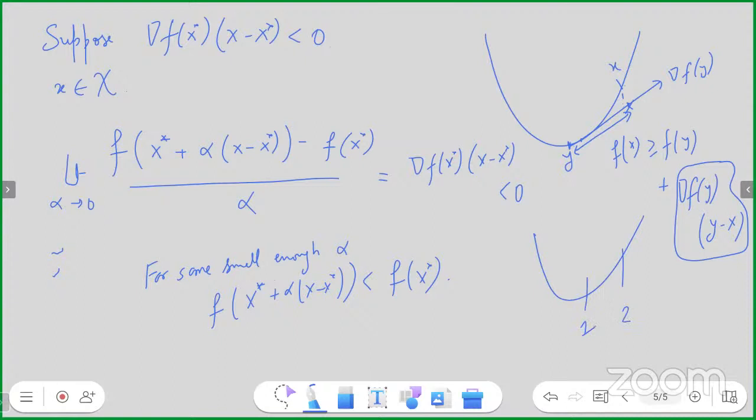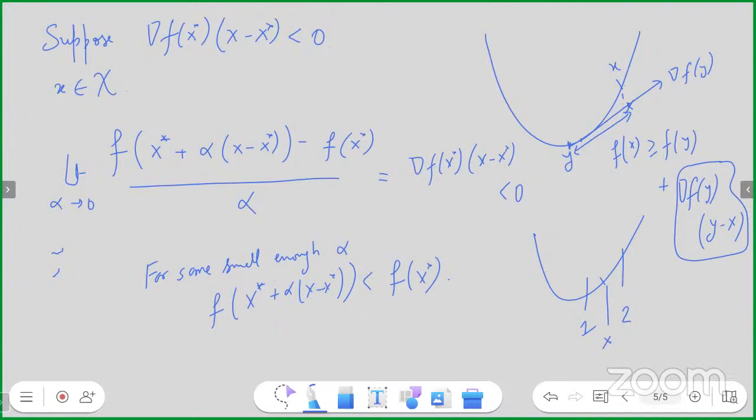One is the local minimum, and suppose the condition is false. I have some doubt in this. For some fixed x, you will get a fixed alpha such that it is below f of x star.